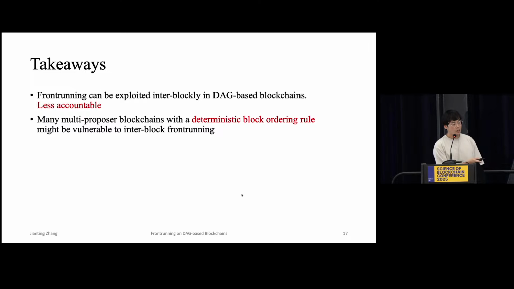Secondly, apart from DAG-based blockchains, nowadays there are many other high-performance blockchains which adopt multi-proposal algorithms.